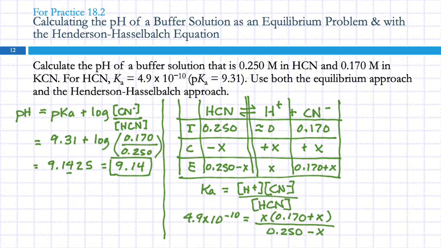So 4.9 times 10 to the minus 10 is equal to X times 0.17 plus X. And in the denominator, we have 0.25 minus X.